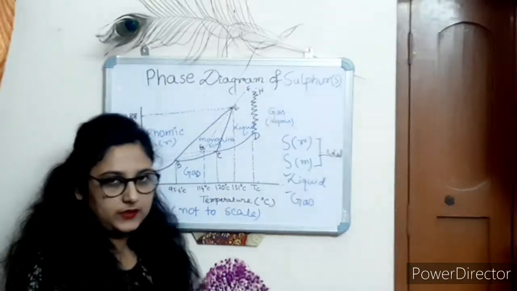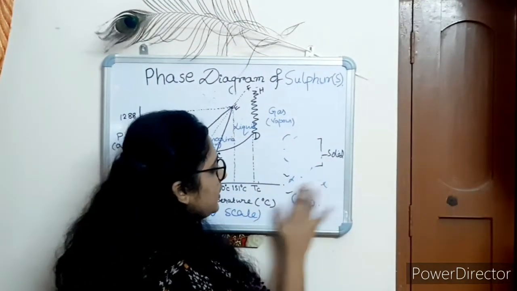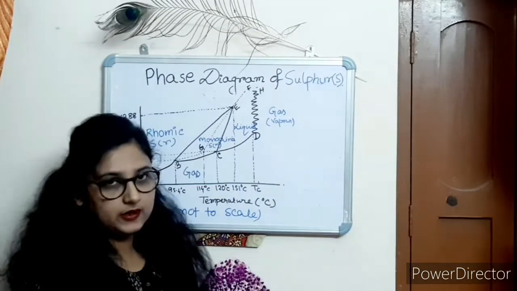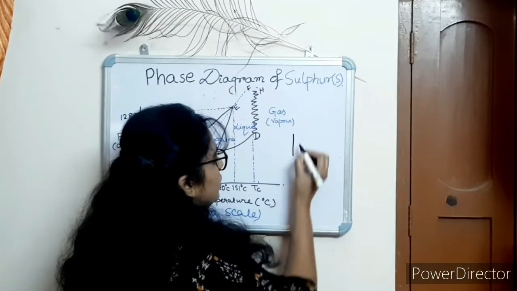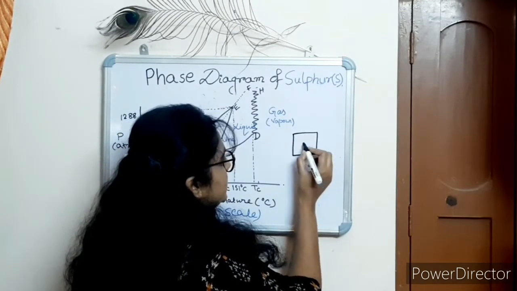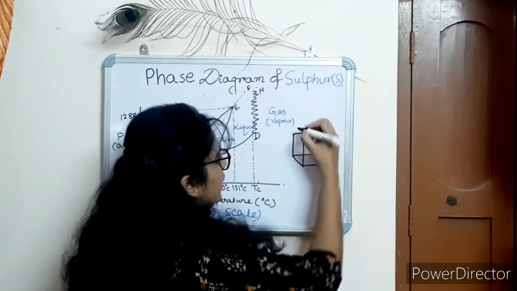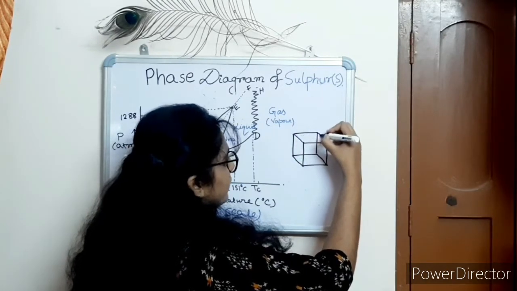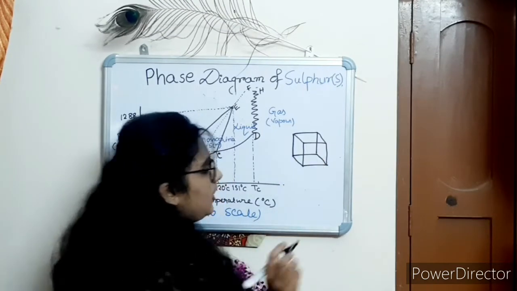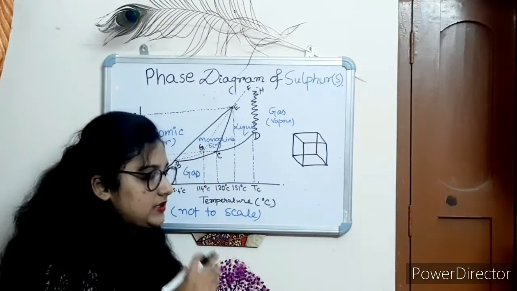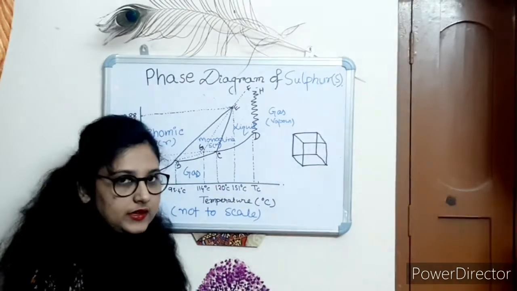So the major difference between orthorhombic and monoclinic sulfur is that in case of orthorhombic sulfur, the basic structure is the cube, and I am not drawing to scale. From my crystallography video, you can know that a crystal can be differentiated by its axial lengths and interfacial angles.